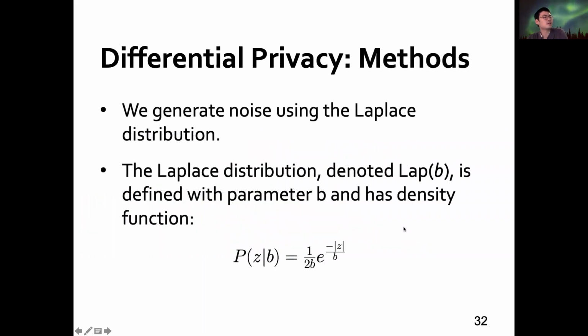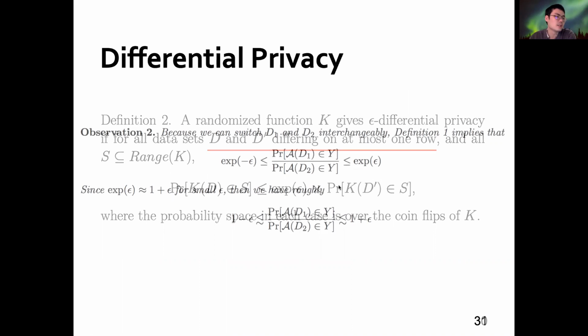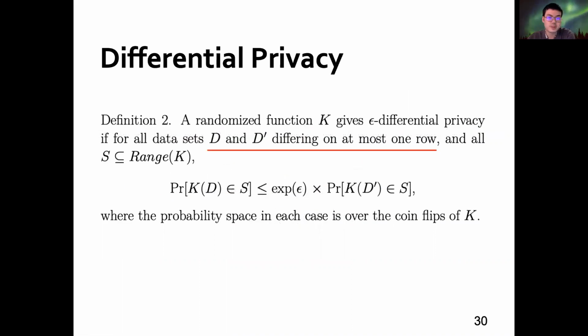So how can we add a noise? We should add noise using a particular distribution, and we need to prove that this distribution can satisfy this formula. Keep in mind that this definition is very strict. It's for all data, any two databases differing in one row. If you find one pair of data that does not satisfy this requirement, it's not differential privacy.